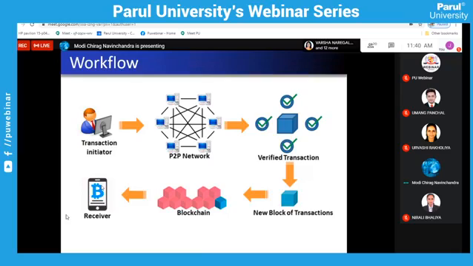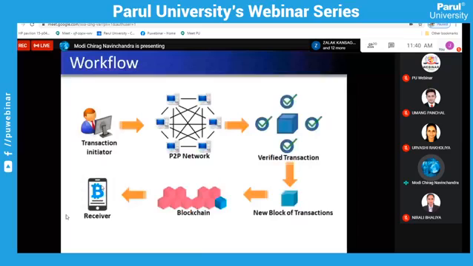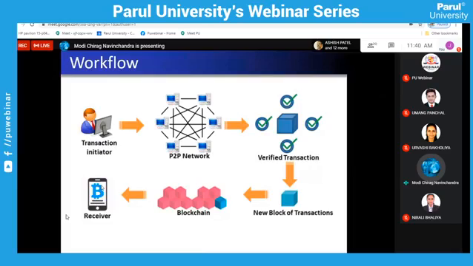Now this block will be validated by the other nodes, to check whether the block is valid or not. Other nodes will verify whether this block is genuine. How to check genuineness, we'll see later. Just see the workflow. Once the other nodes confirm that this is a genuine block, then and only then will this block be added to the blockchain.